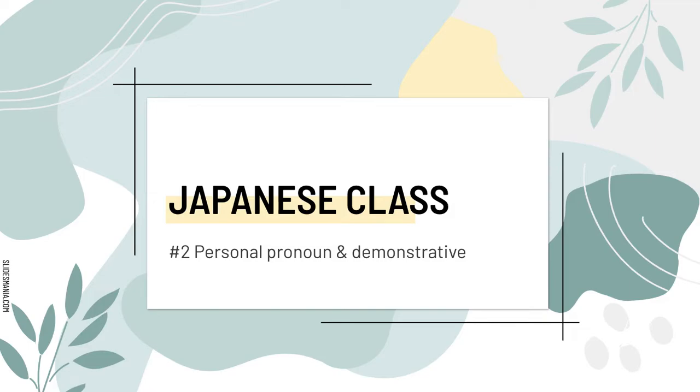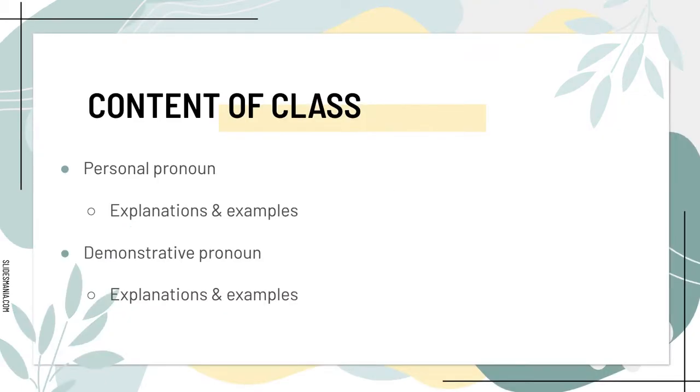Today is class number 2 and we're going to talk about personal pronouns and demonstratives. So, content of class. First, I'm going to talk about personal pronouns by using examples and explaining how you have to use them depending on the situation.